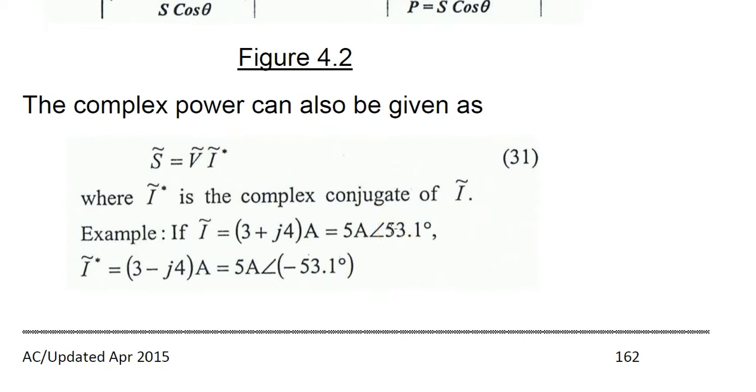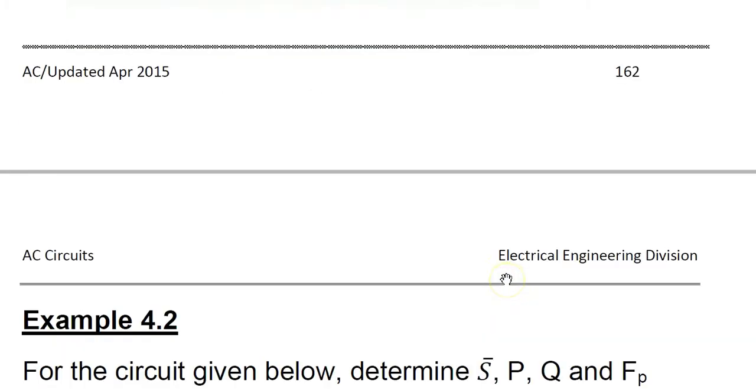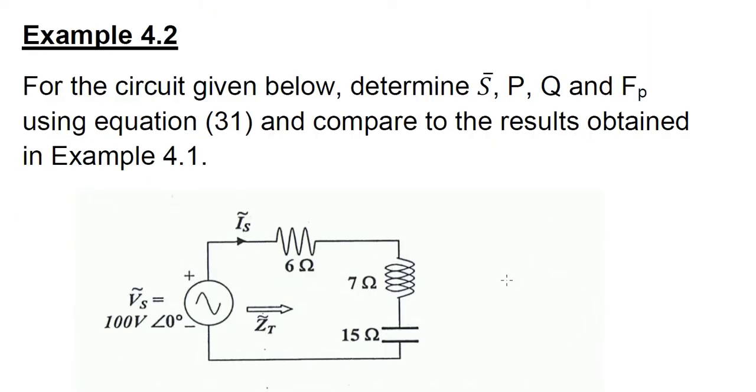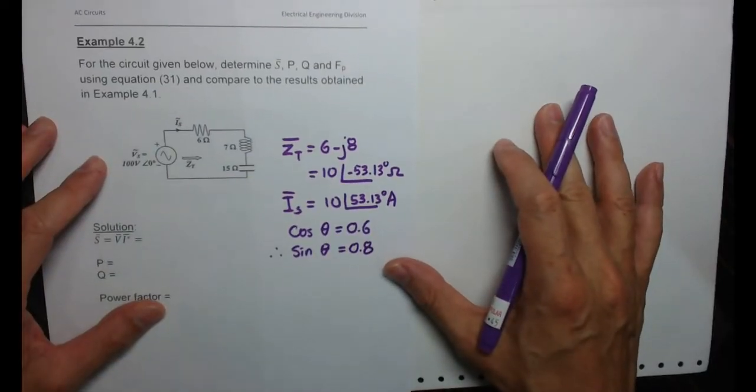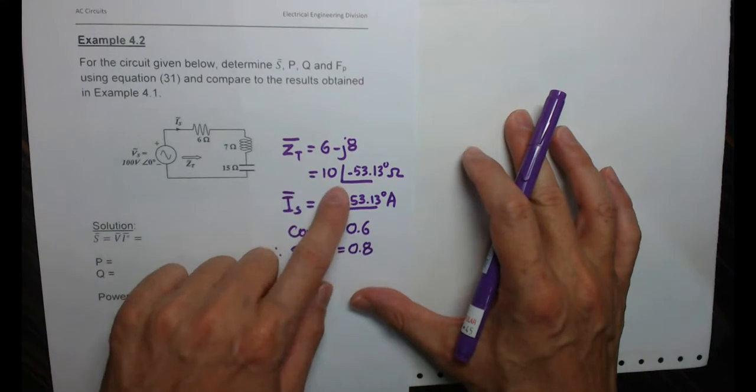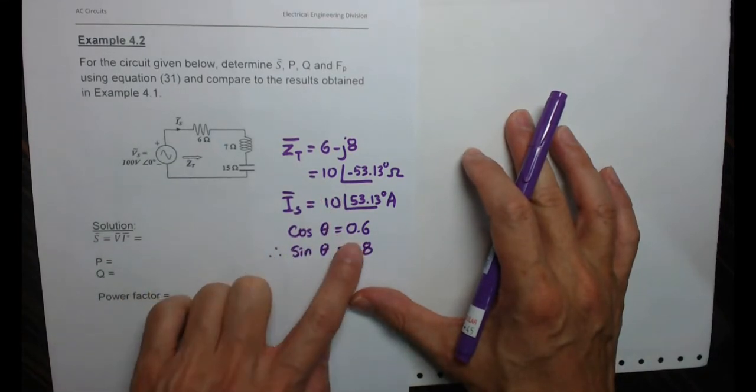Right? So let's see how we apply this and whether we get a similar answer to that of the earlier example 4.1. Well, in 4.1 we got some of these calculations done, right?